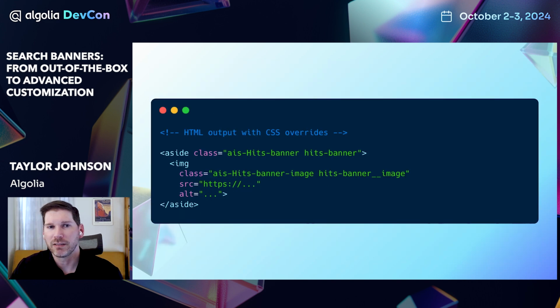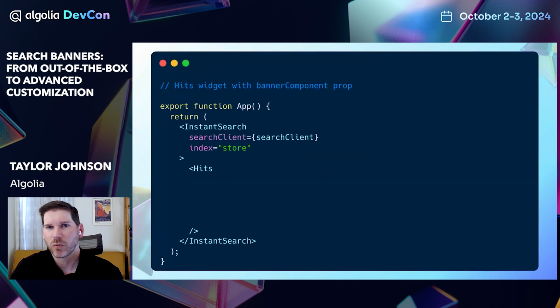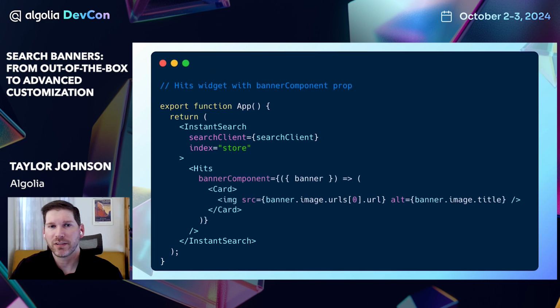The output HTML automatically adds these classes. The next way to customize is passing a banner component prop, and this allows you to completely override the JSX and the outputted HTML for the banner. You can access the banner data to insert parts of the data schema that you need, and you can also use your own components and JSX.